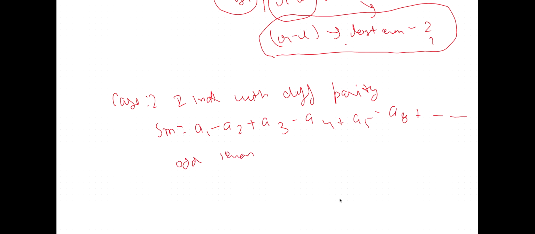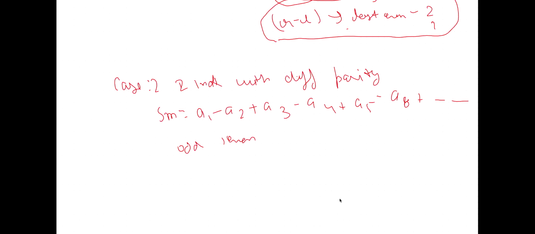So we know one thing for sure, that at even places we have a negative sign and at odd places we have a positive sign. So if this odd goes to even, this positive will go to negative and this negative will go to positive. So let's say this even was some aj and this odd was some ai.